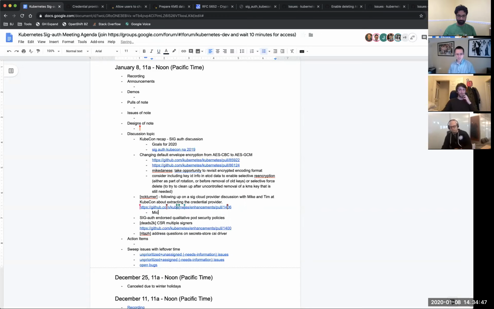I guess we should make them take this to SIG Node. Yeah, I was going to just say, can we identify a point person, ideally someone who knows both the node and the auth sides, to at least be the point person so this doesn't languish.